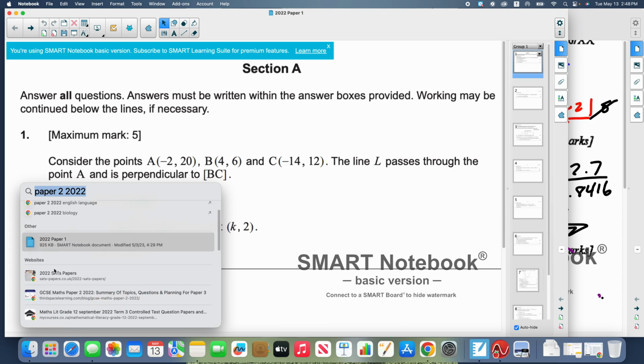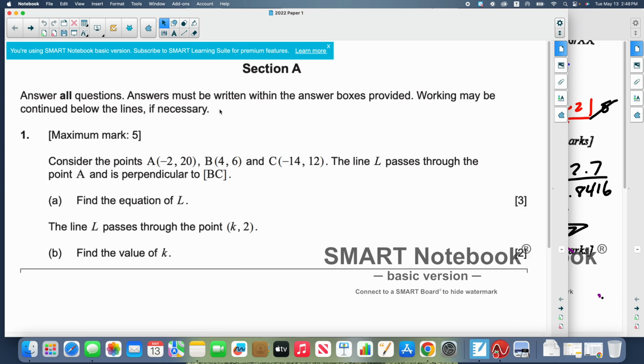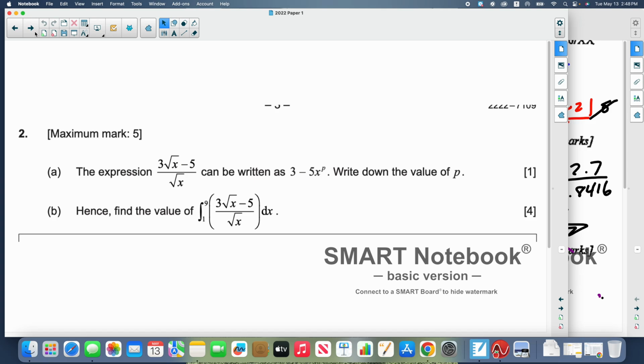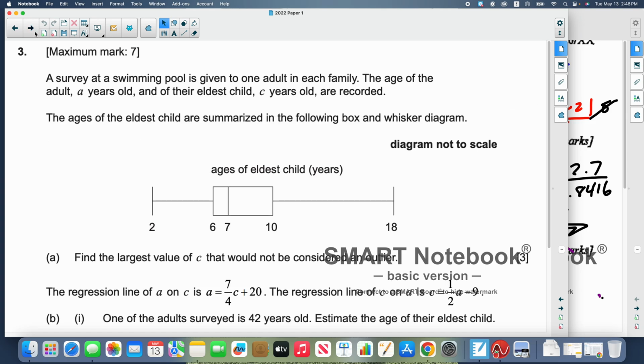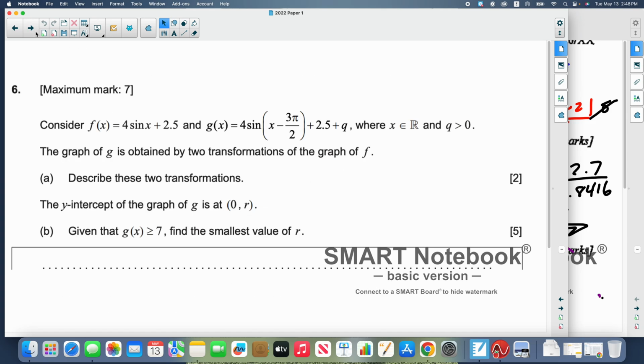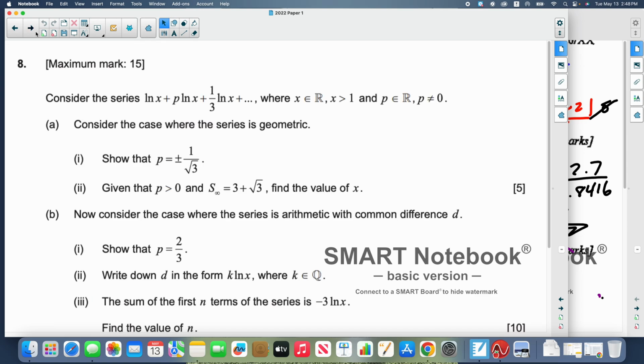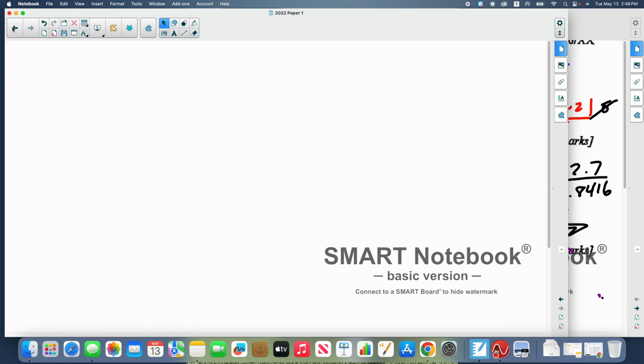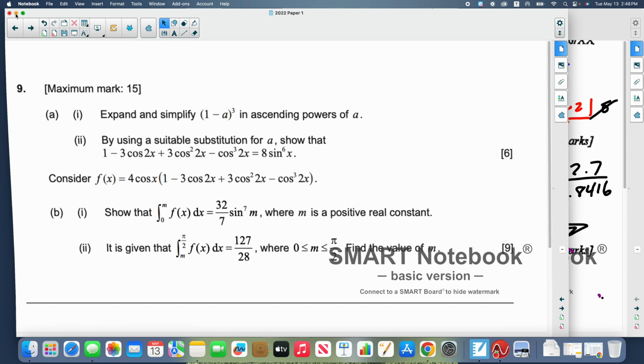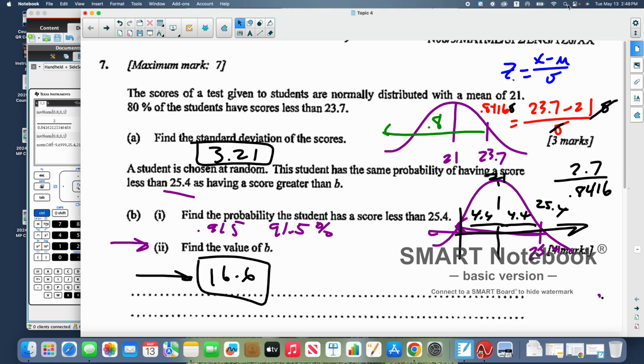Doing that on paper too. All right. That would probably be on a paper 2. Let me see if I can find that real quick.